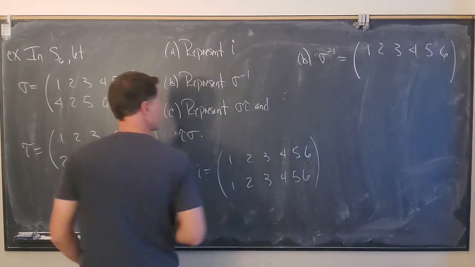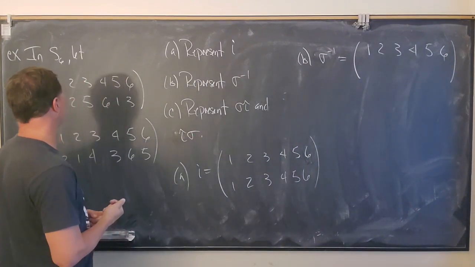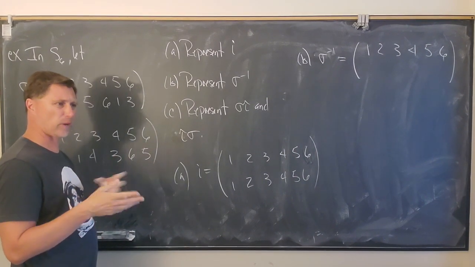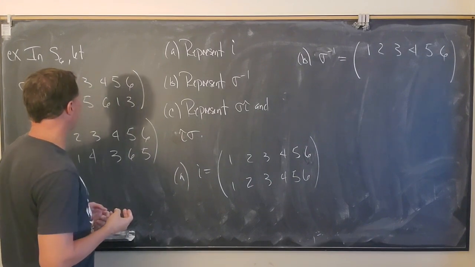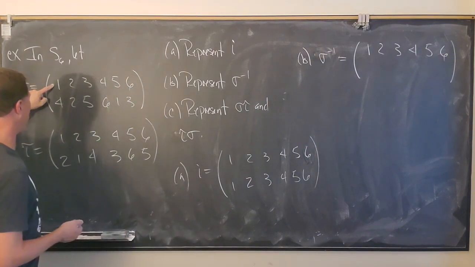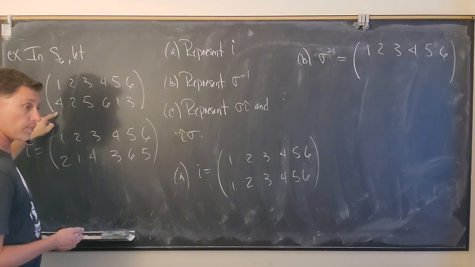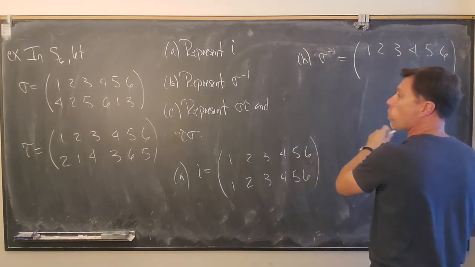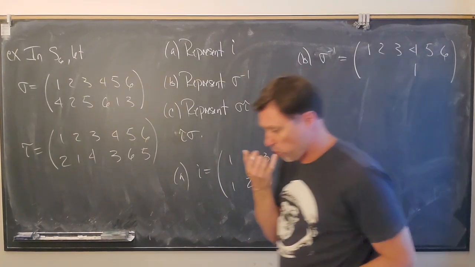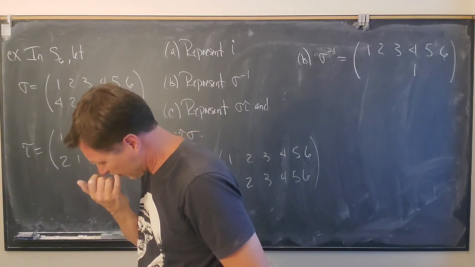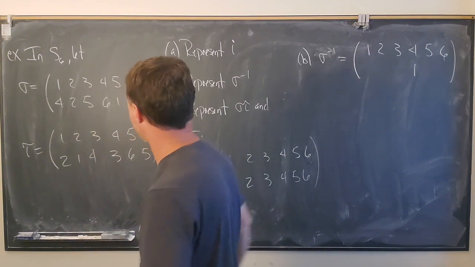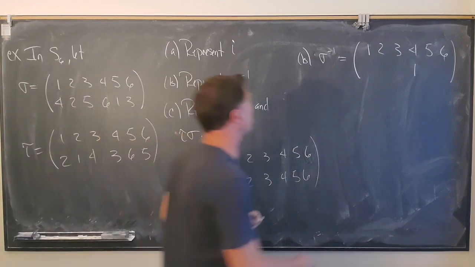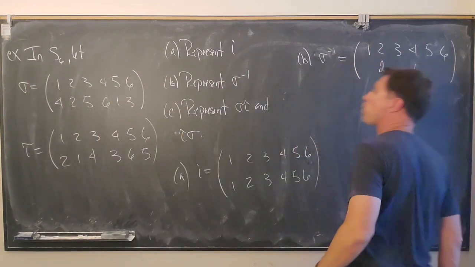Okay, now how does this work? Well, sigma inverse, remember, an inverse is supposed to be like sort of a descrambling machine. So sigma sends 1 to 4, which means that sigma inverse should send 4 back to 1. Sigma sends 2 to 2, which means that sigma inverse should send 2 to 2.